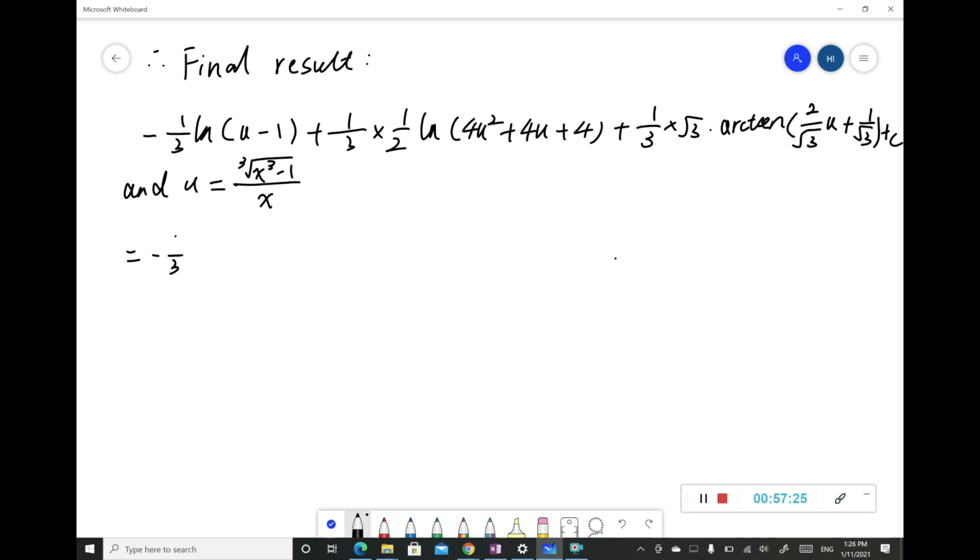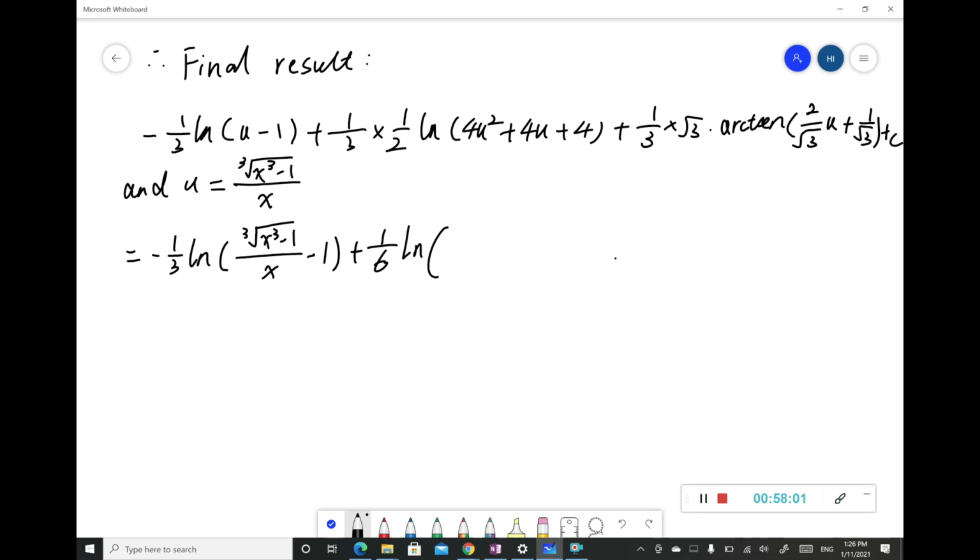So the result will be 1 divided by 3 log of parentheses the radical of x cubed minus 1 divided by x, minus 1, minus 1, and plus 1 divided by 6.